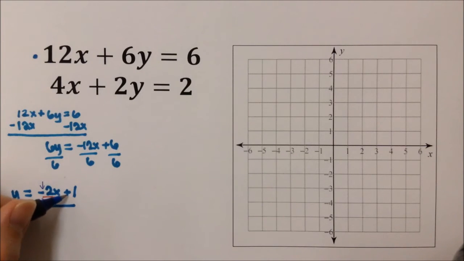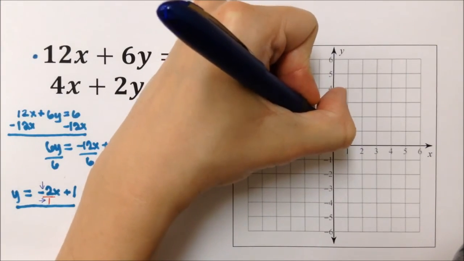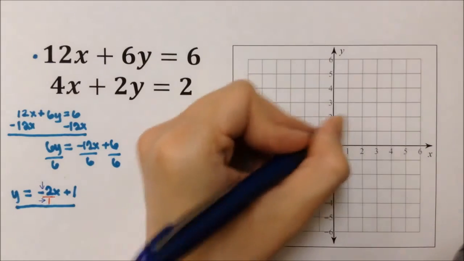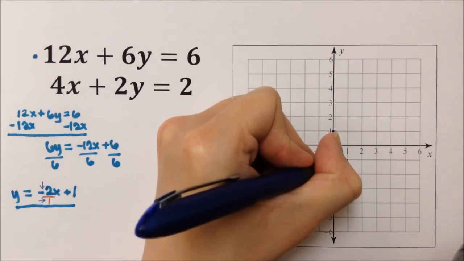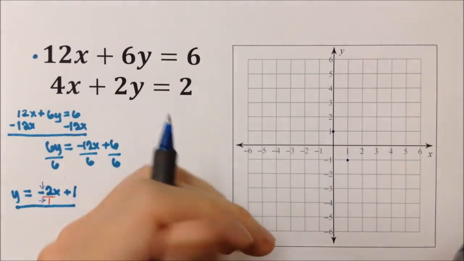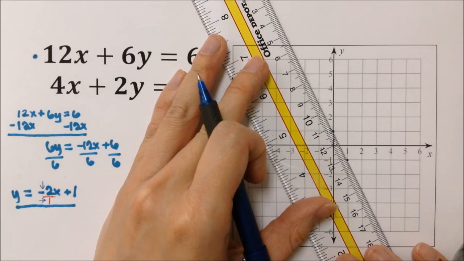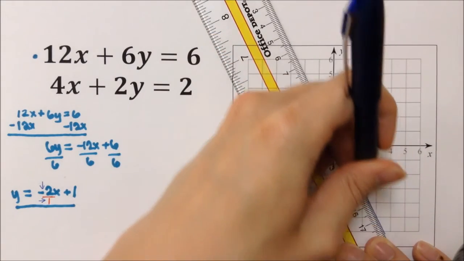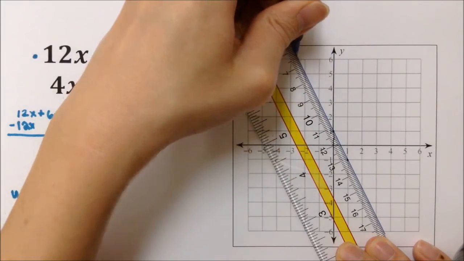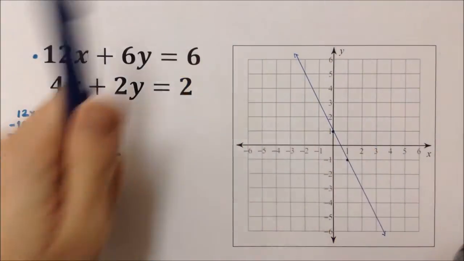Our y-intercept, plus 1, means 0, 1, which is right here. So I'm going to go down 2, 1, 2, and then right 1. So there's our second point. I'm going to connect those 2 points together. So there's our first graph line.